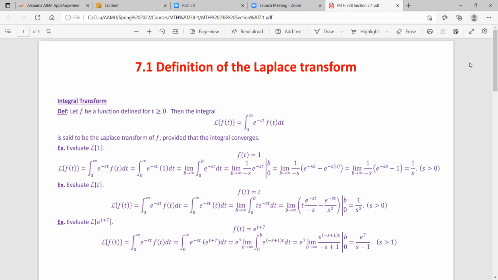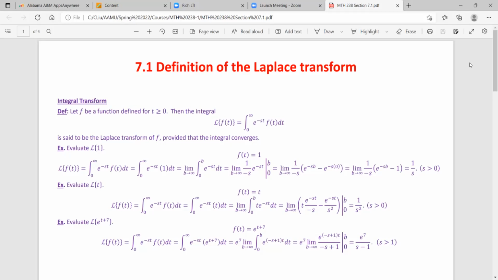Then use the formula for integration by parts. What you get is t times e to the negative st over negative s, minus e to the negative st over s squared. After you finish the whole process, that's what you get for the antiderivative. And then you need to evaluate this antiderivative at t equal to 0 and b, and subtract.